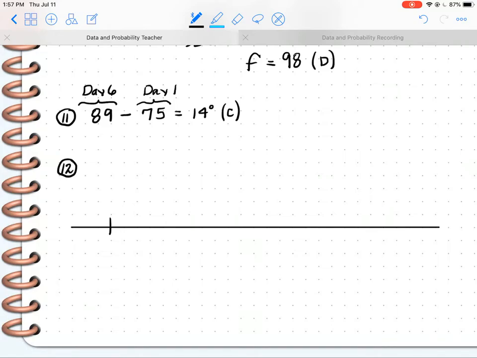So we have a 0, a 50, 100, a 150, and a 200. And then my line went way beyond what it needed to. And I have this one and this one.